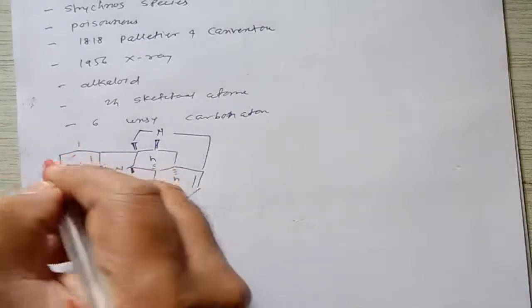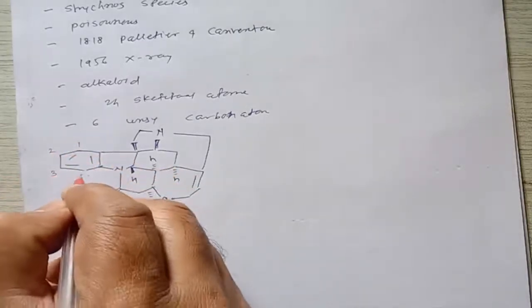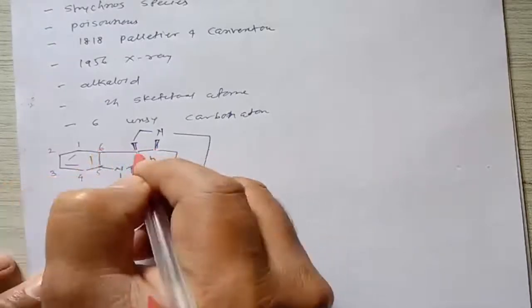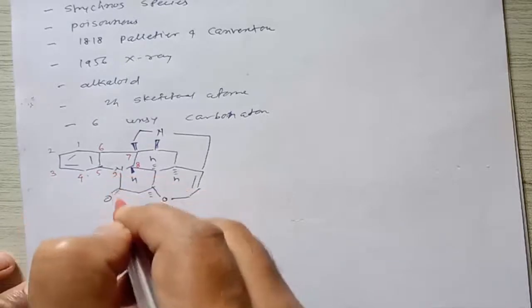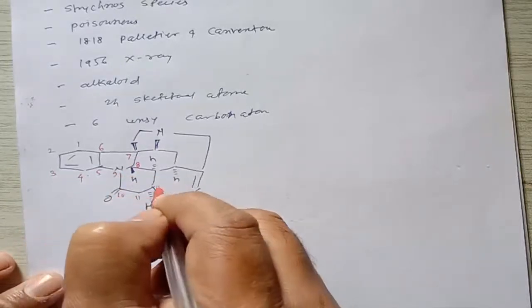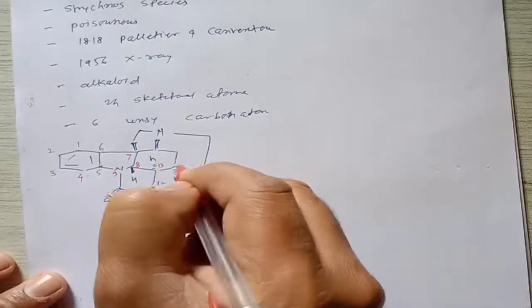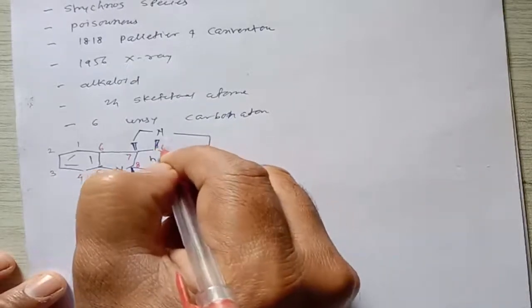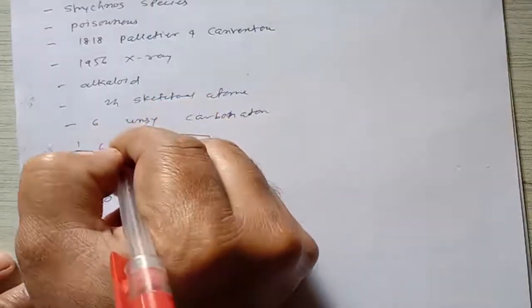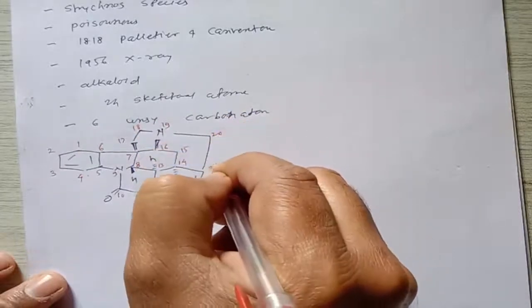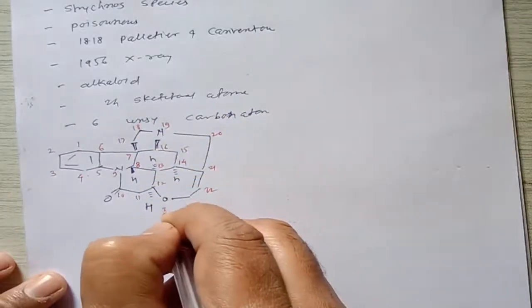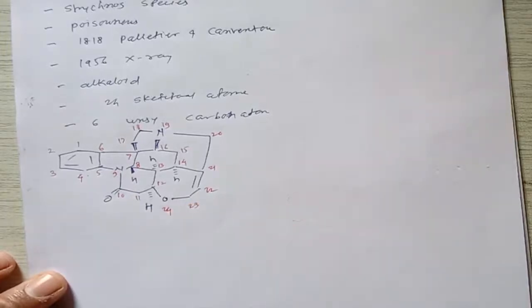If we give the numbering, this is 1, this is 2, 3, then 4, 5, 6, then 7, this is 8, then this nitrogen is 9, then this is 10, 11, then 12, then this is 13, then 14, 15, 16, then here is 17, 18, then this is 19, then 20, 21, 22, 23, and this oxygen is 24, right? So this is the skeleton, the 24-atom skeleton of strychnine.